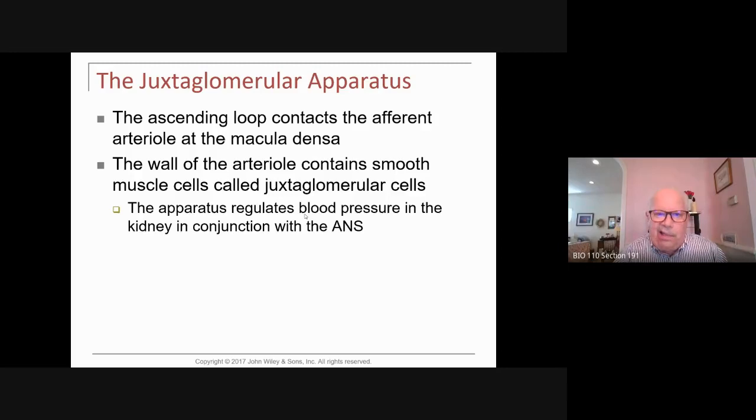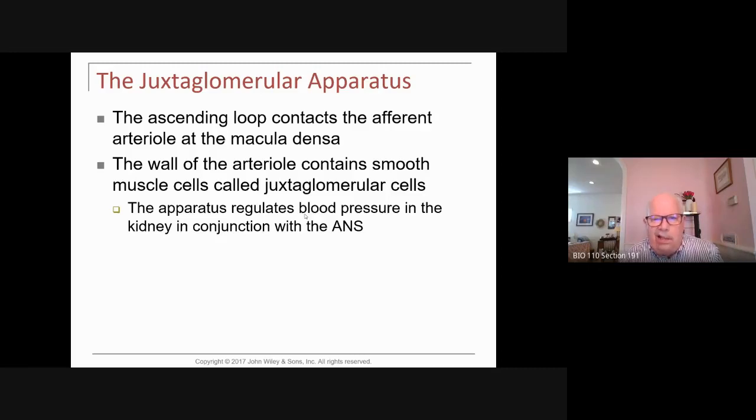It attacks a protein produced by the liver called angiotensinogen. That angiotensinogen is converted into angiotensin 1 by renin.